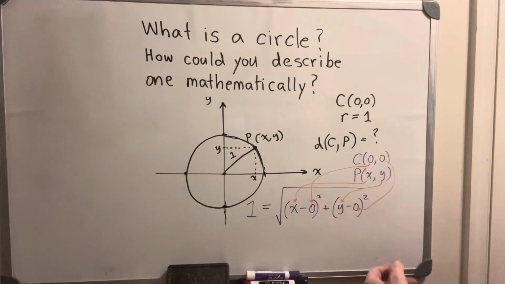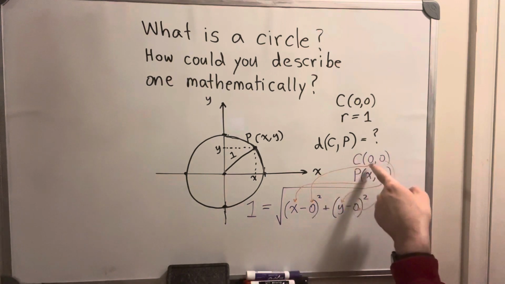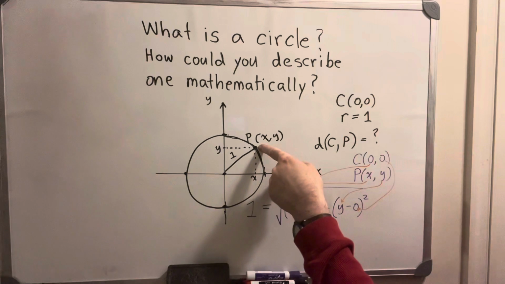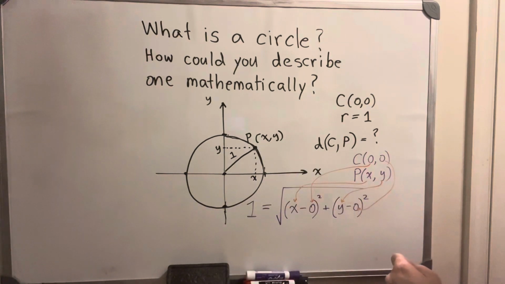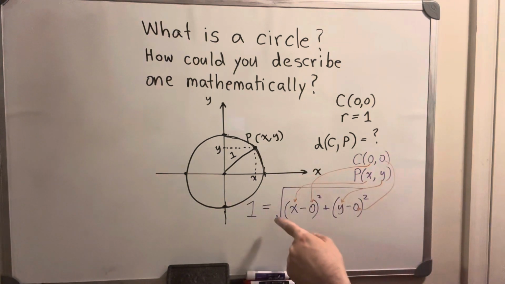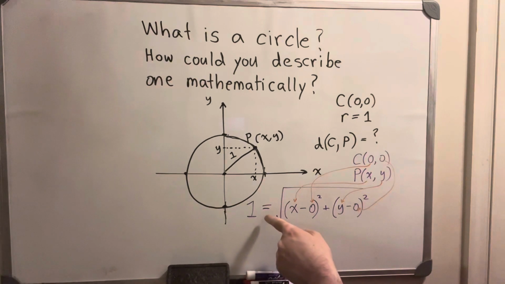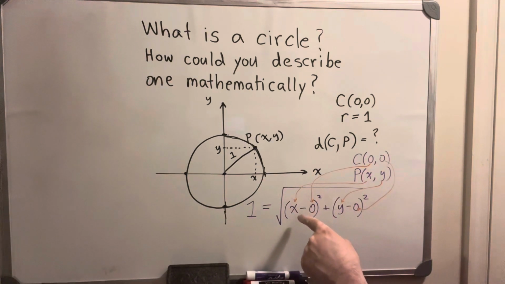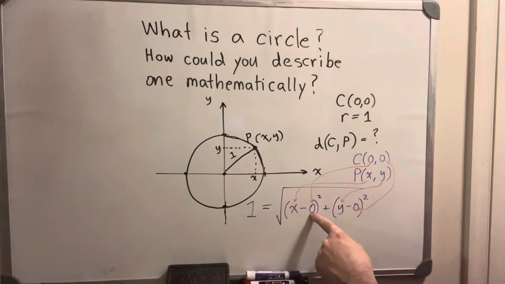What I've drawn here is the distance formula for the 2 points, the center, which is at 0, 0, and this particular P, which is X, Y. Okay, so remember the distance formula. It's the square root of the difference between the X coordinate values. In this case, the X coordinate of P is this X, and the X coordinate of the center is 0.